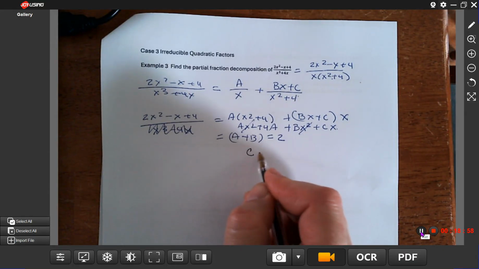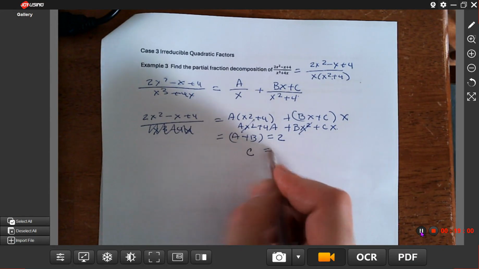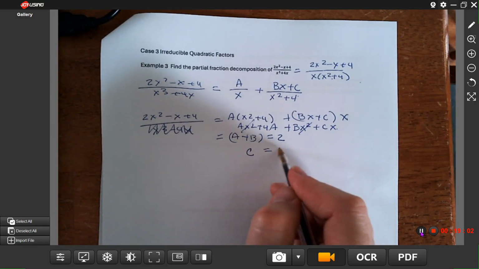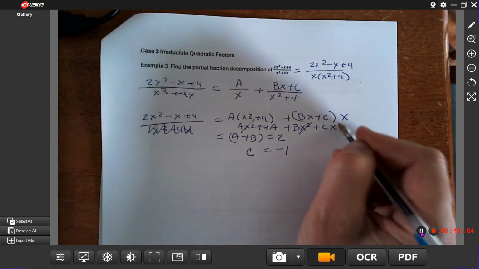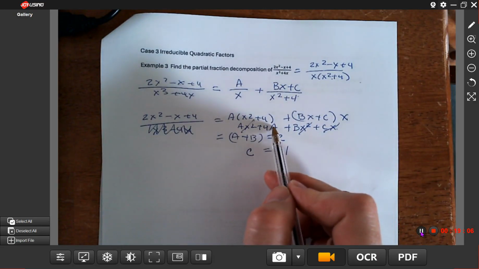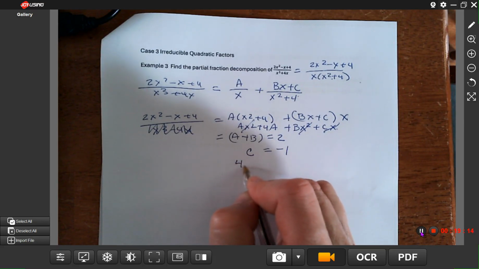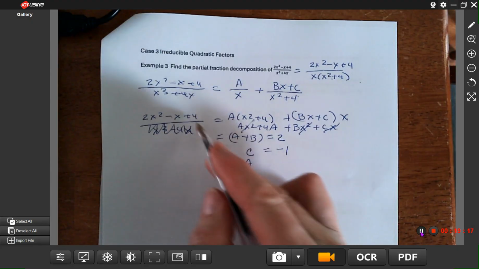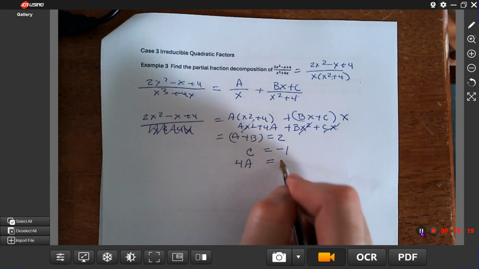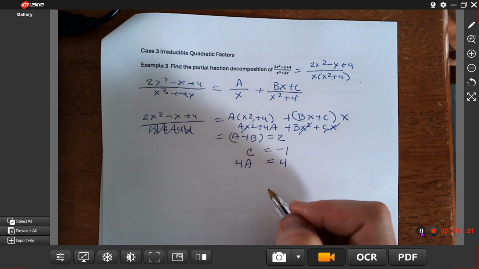So C is my linear term, and the coefficient on that is -1. Right, so I took care of that. That's constant. So my constant coefficient is 4a. So 4a is equal to my constant term, which is 4.